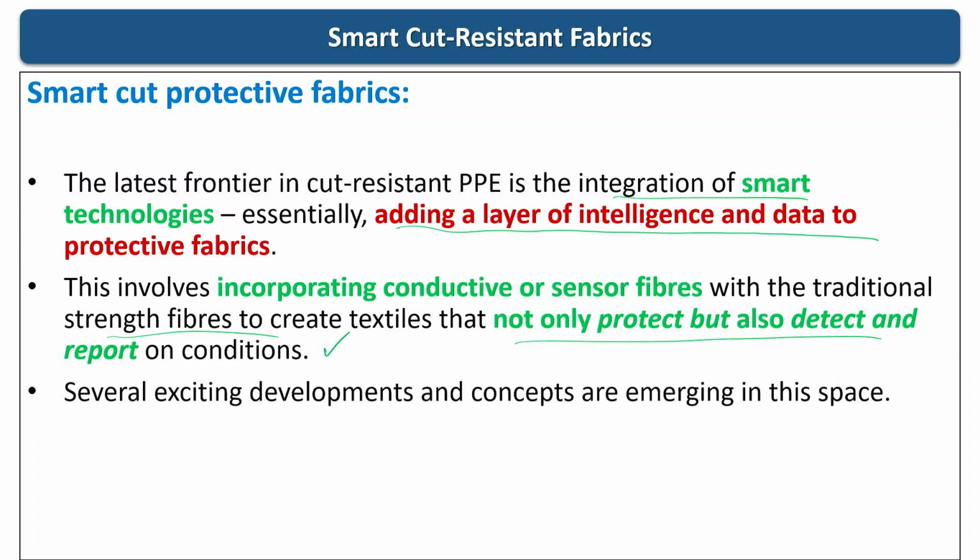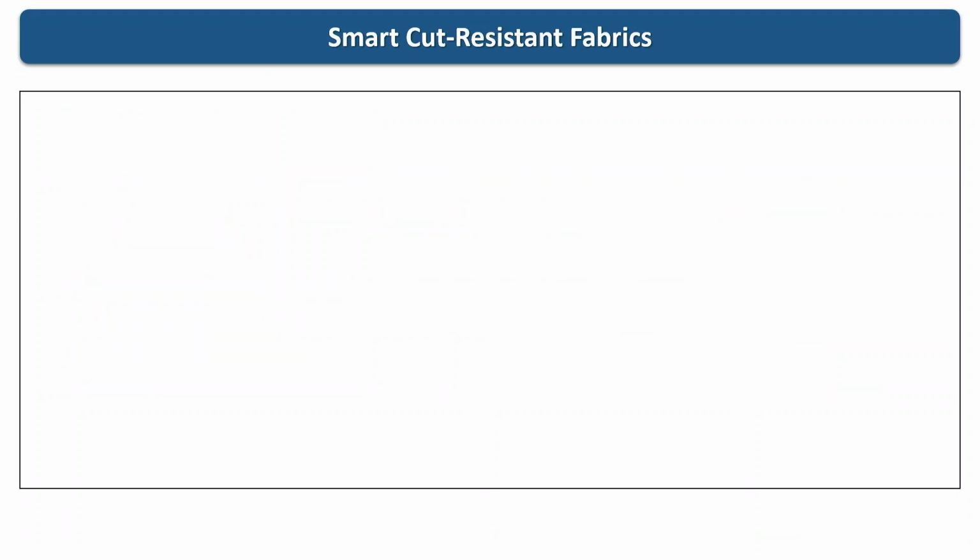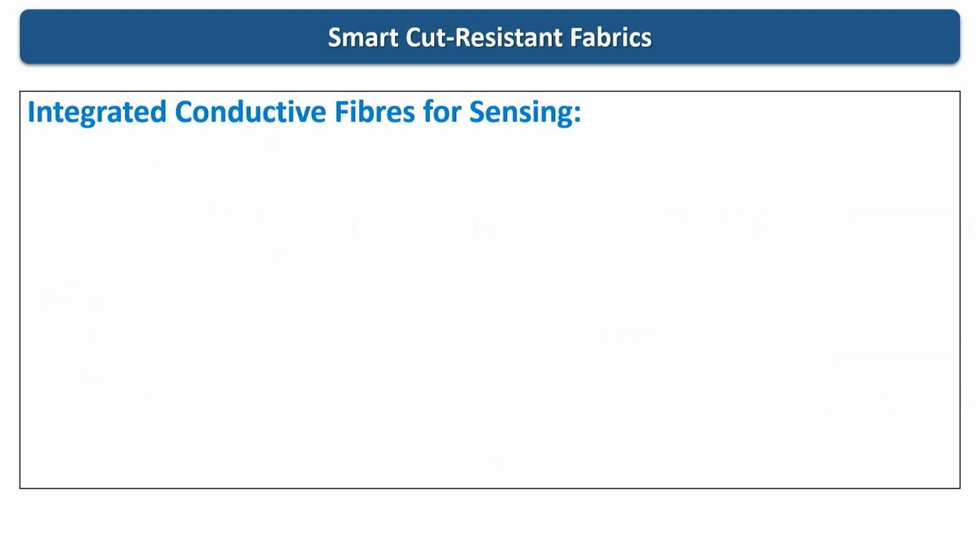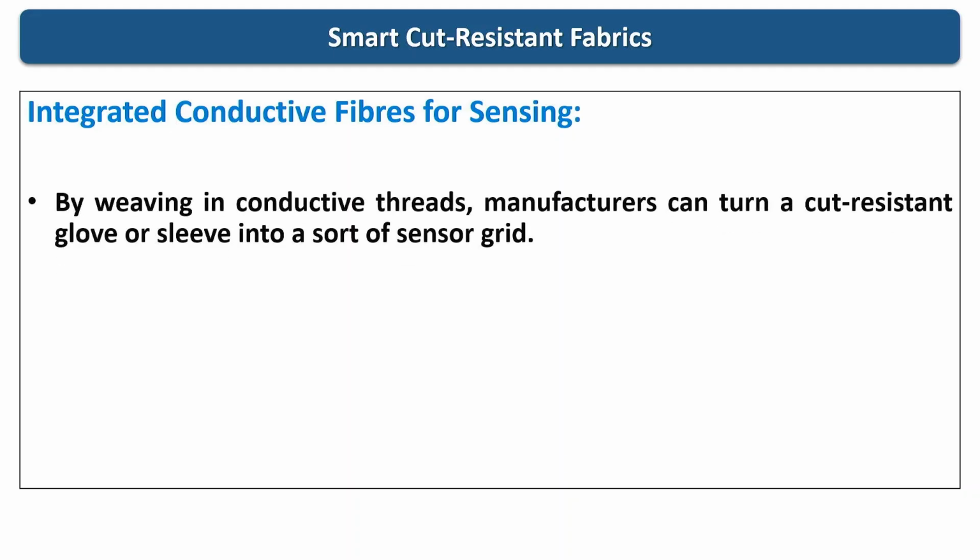Several exciting developments are there. That is integrated conductive fibers for sensing. So, by weaving a conductive thread, manufacturers can turn the cut resistant gloves or sleeve into a sort of sensor grid.